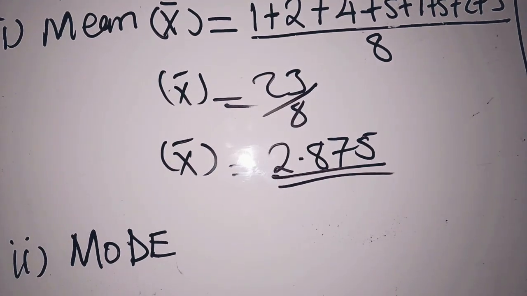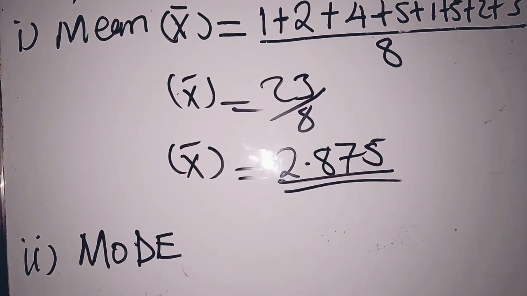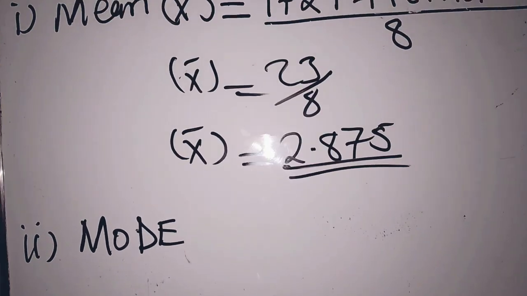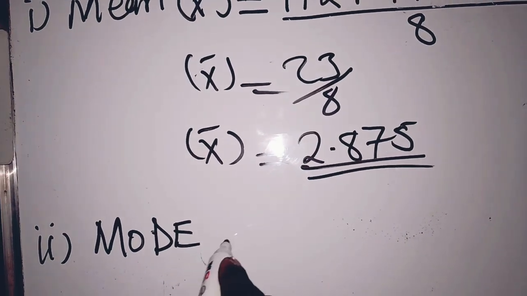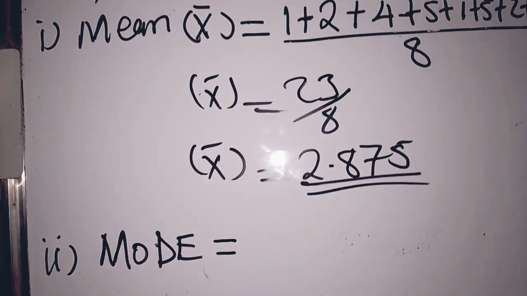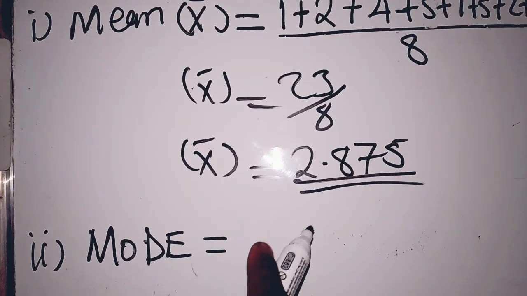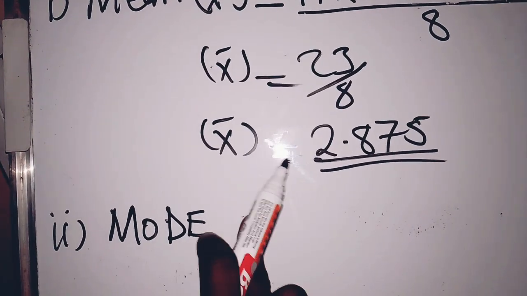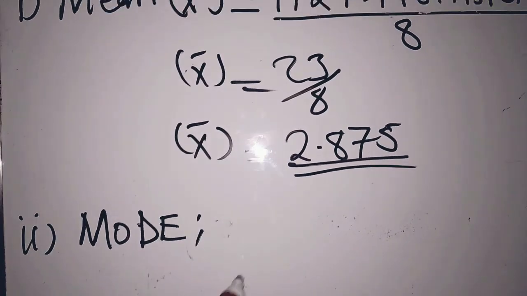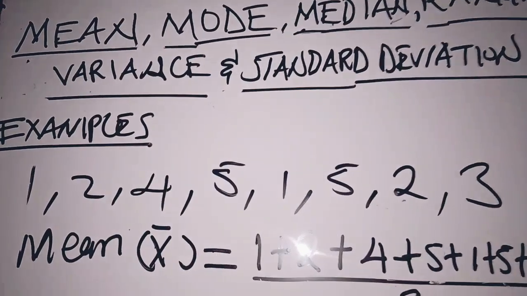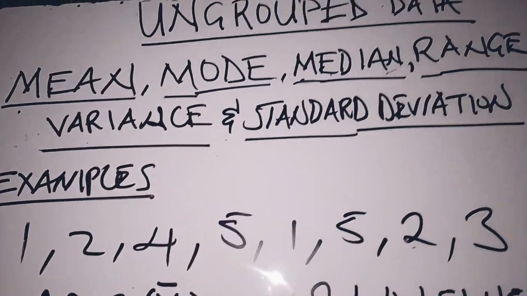The mode is the most frequent number. So for the mode, what do we have? We have what is appearing frequently from what we have been given here.